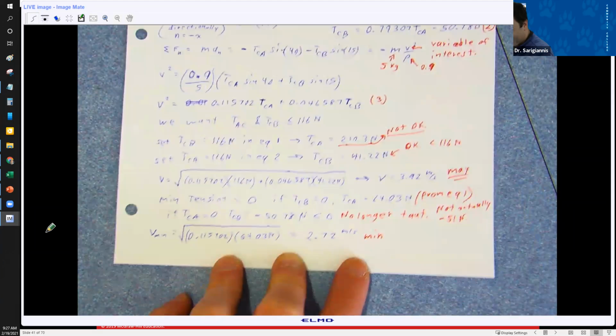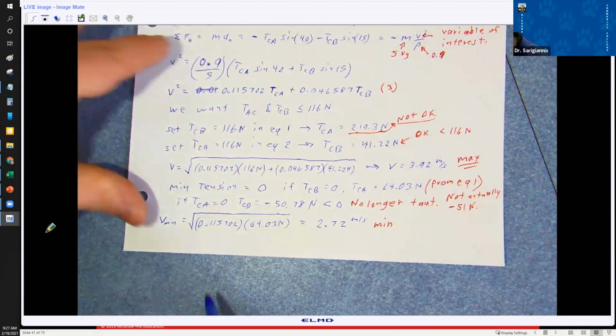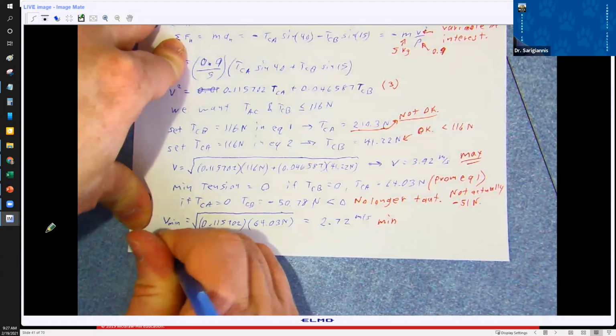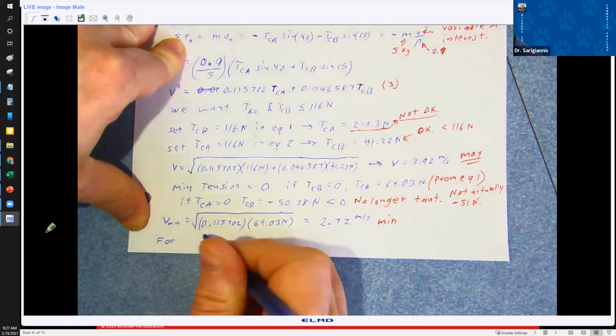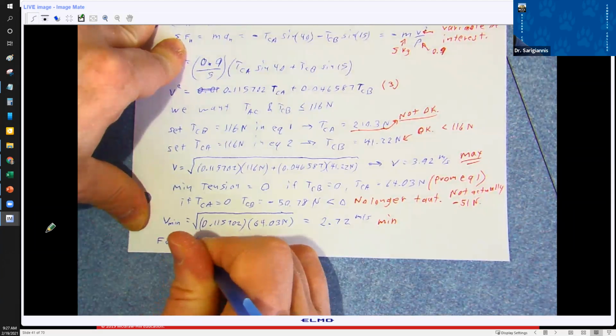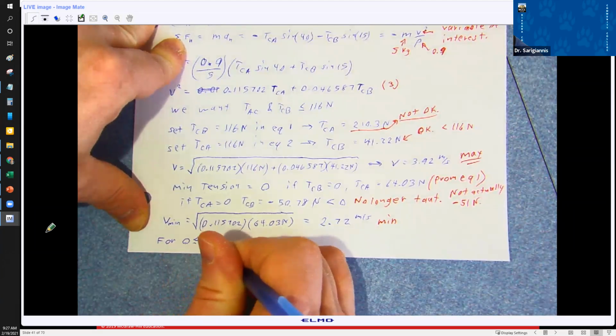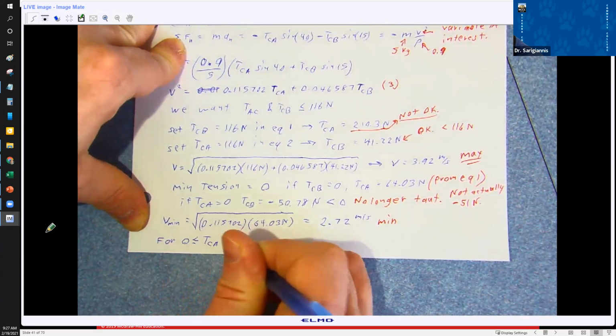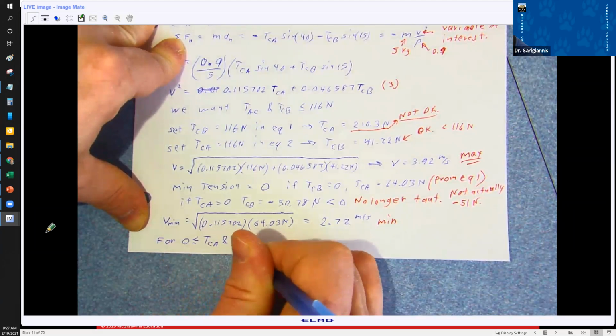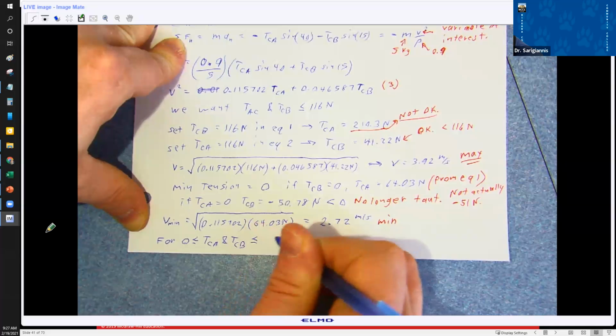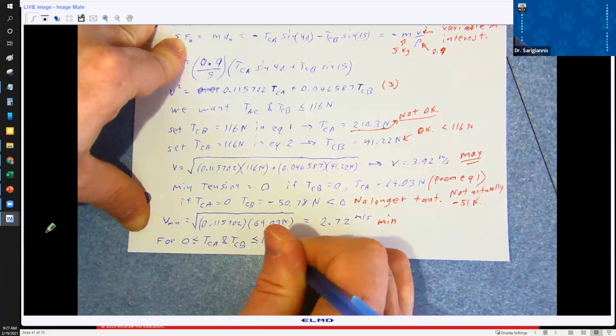I'm going to fit this all on one page, people. So let's just write this down here. 0 is less than or equal to tension CA and tension CB, and that's also less than or equal to 116 newtons, right?